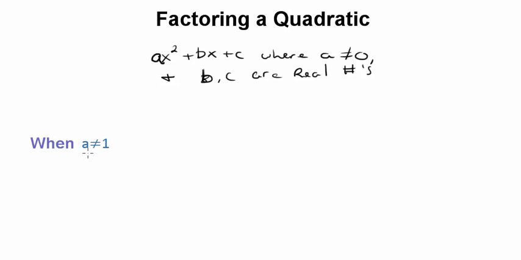In this video, we are going to focus on the case when a is not equal to 1. There's another video that I'm presenting when a does equal 1, so check that out if you want to know about that. So for when a does not equal 1, the goal here is to find all factors of c and a.